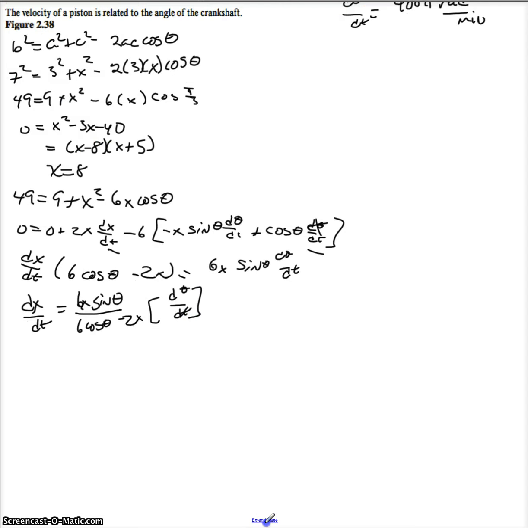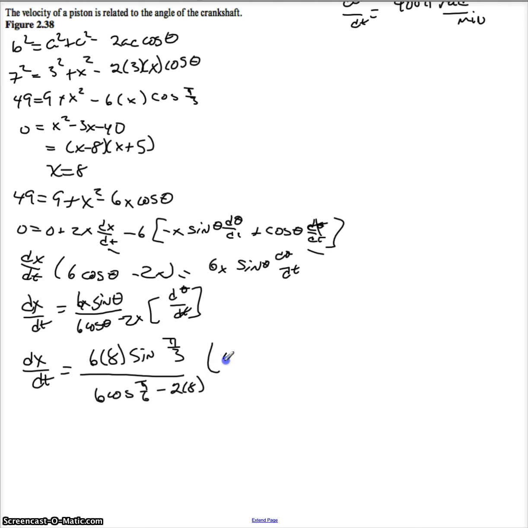Now, when theta is equal to pi over 3, I know that x is 8, so I can go and plug those in. dx/dt is equal to 6 times 8 sine of pi over 3 divided by 6 cosine pi over 3 minus 2 times 8, times d theta/dt.